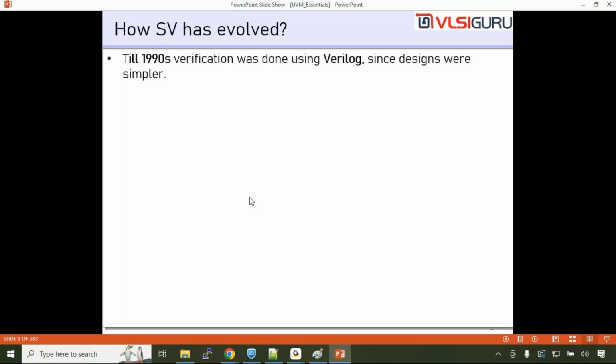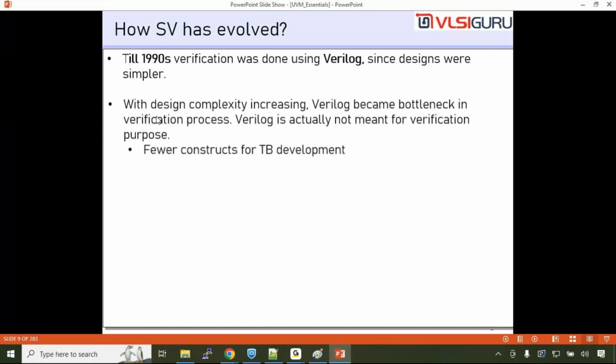If you understand how SV has evolved, till the 1990s, Verilog was used, and the verification was also done with Verilog only, because designs were simpler. With design complexity increasing, Verilog became a bottleneck in the verification process. Why did it become a bottleneck? Because Verilog has fewer constructs.